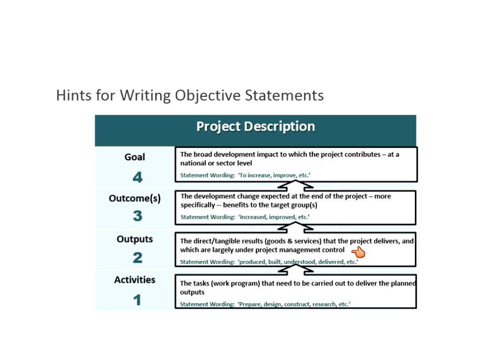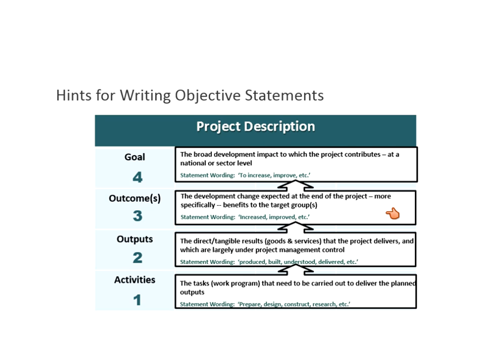If they're not, then you're not controlling or managing your project correctly. And these are usually, when you're writing a log frame, done in the past tense: produced, built, understood, delivered, etc. Because you're projecting that these actually are going to be done.